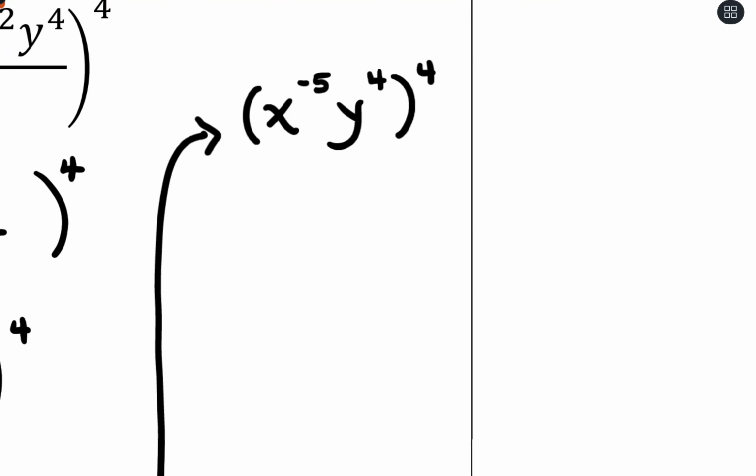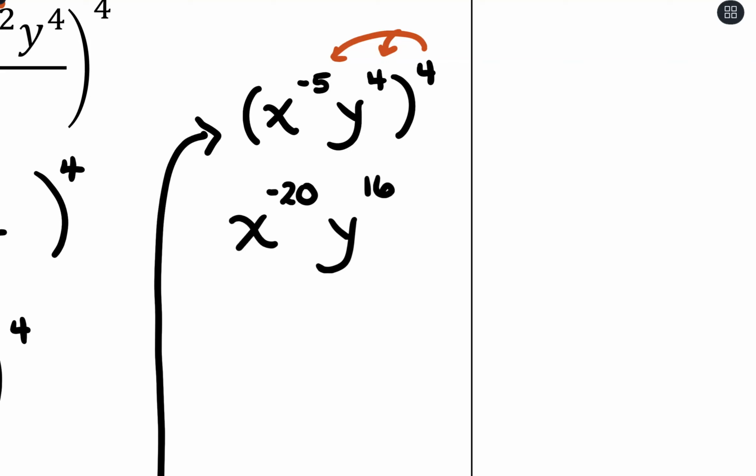Okay. We're going to bring that exponent of 4 on the outside to each of these pieces. So, x raised to a power of negative 5 raised to a power of 4. We multiply those together for a negative 20. Times y, 4 times 4 is 16.